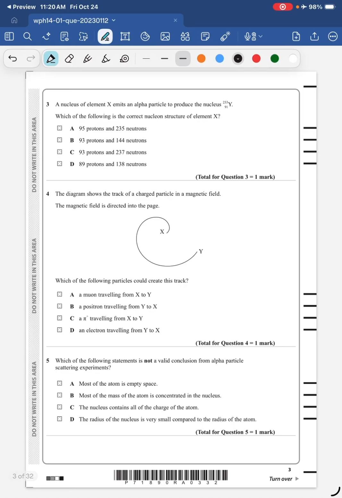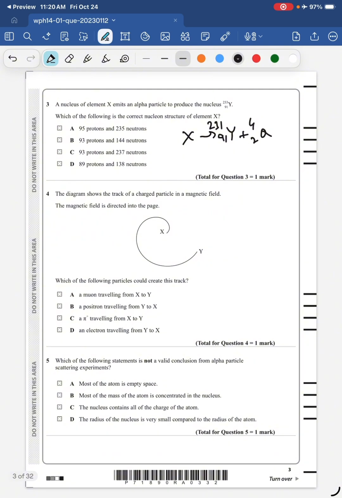Question 3. A nucleus of element X emits an alpha particle to produce the nucleus Y, 233 91. Which of the following is the correct nucleon structure of element X? So you have X going into Y, 231 91, plus an alpha particle.